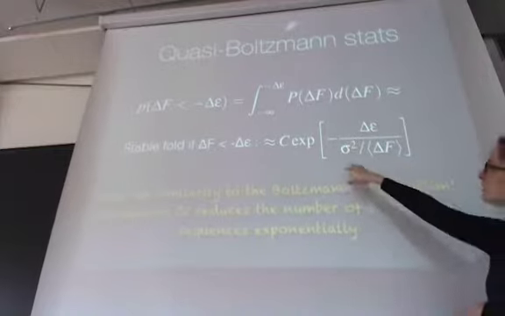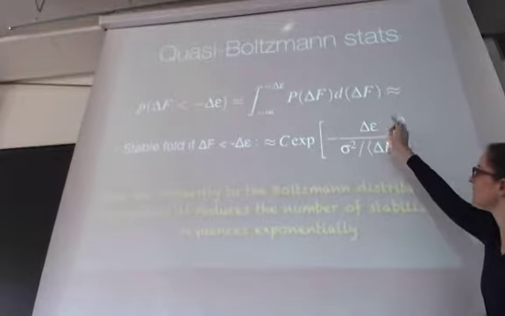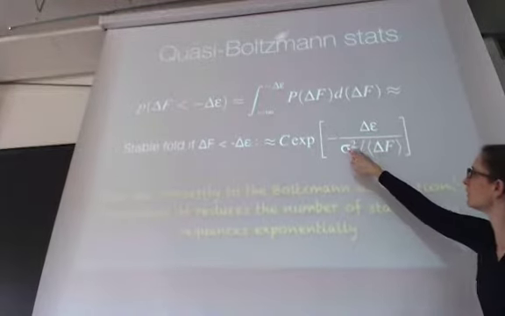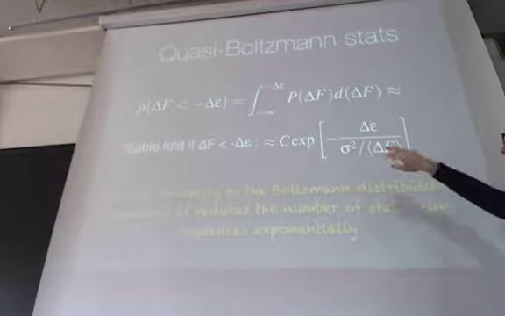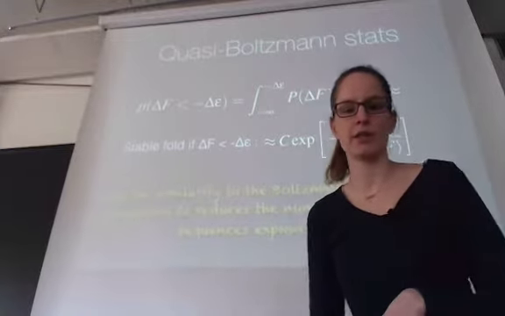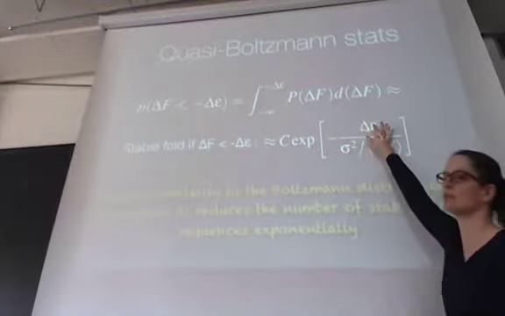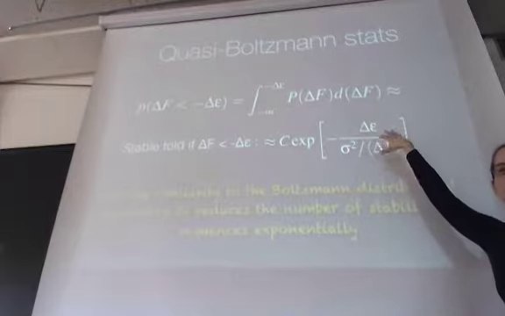What comes into the exponential factor is minus delta E over the variance divided by the average free energy. So this looks familiar. It looks like Boltzmann in the sense that it has e to the minus energy over something.